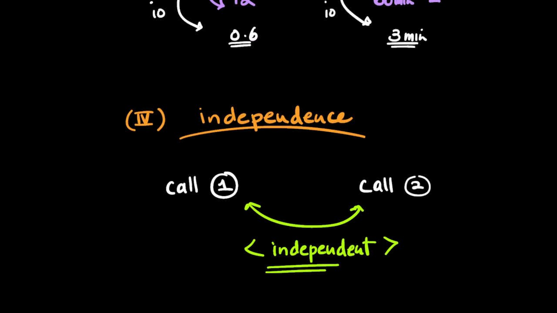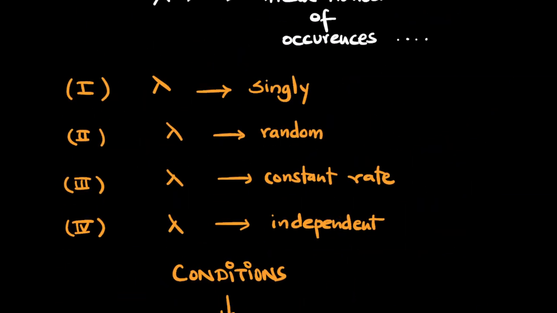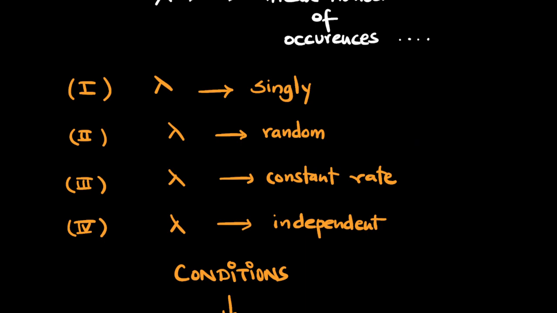And then there are 4 conditions that are necessary for a variable to follow Poisson distribution. The mean number of occurrences will be occurring singly, they will be occurring at random, they will be occurring at a constant rate, and they will be independent of one another. In the upcoming videos, we'll be solving questions based upon the formula for Poisson distribution.